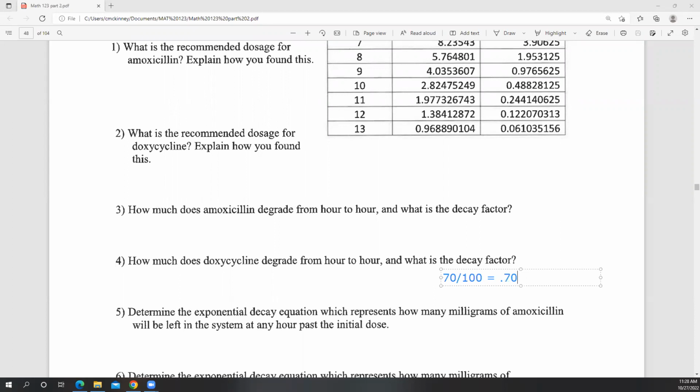But if the decay factor is 0.7, then that means we took off 30%. So 30% is how much it degrades. And because these numbers were easy to work with, we might have just recognized that it's going down 30%, because 30% of 100 is 30, and taking it away makes 70.